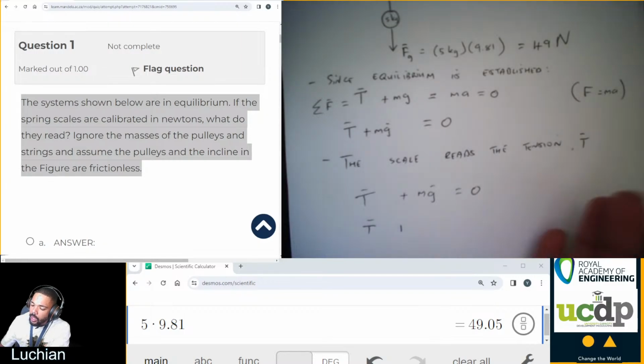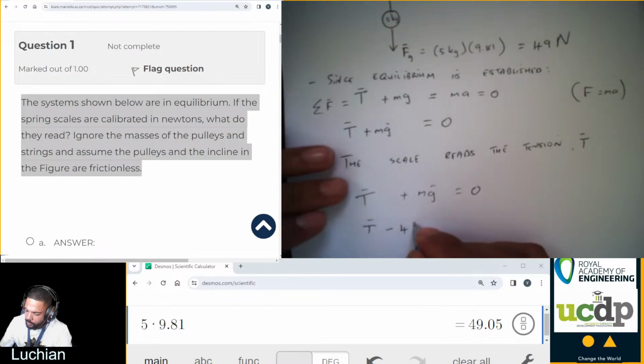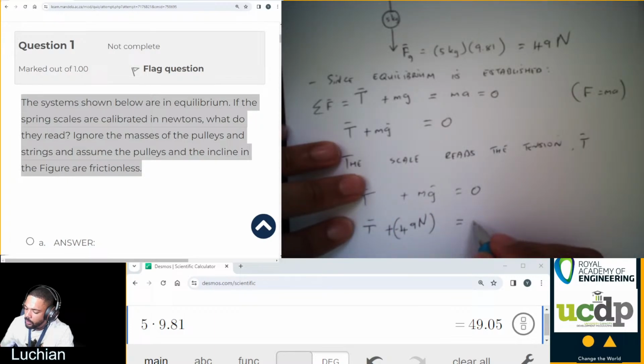we're taking up as positive, so mg is down, it's 49 newtons. The weight is downward, so it's negative 49, because it's in the opposite direction.